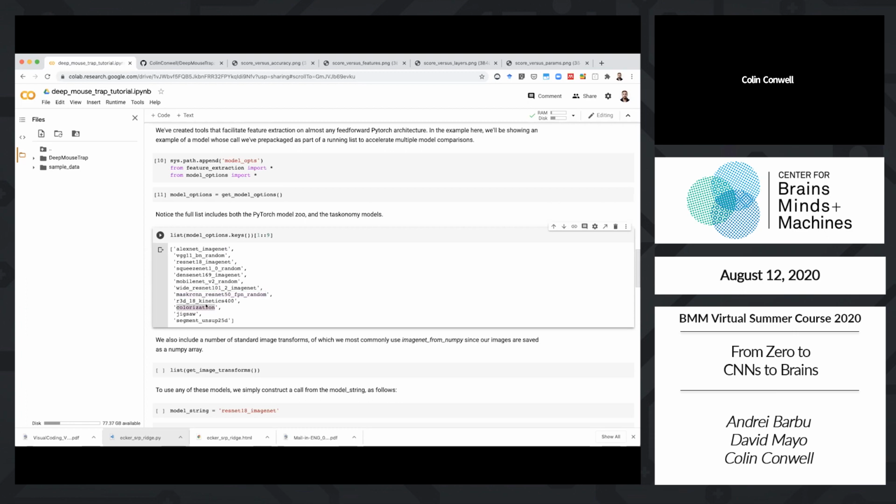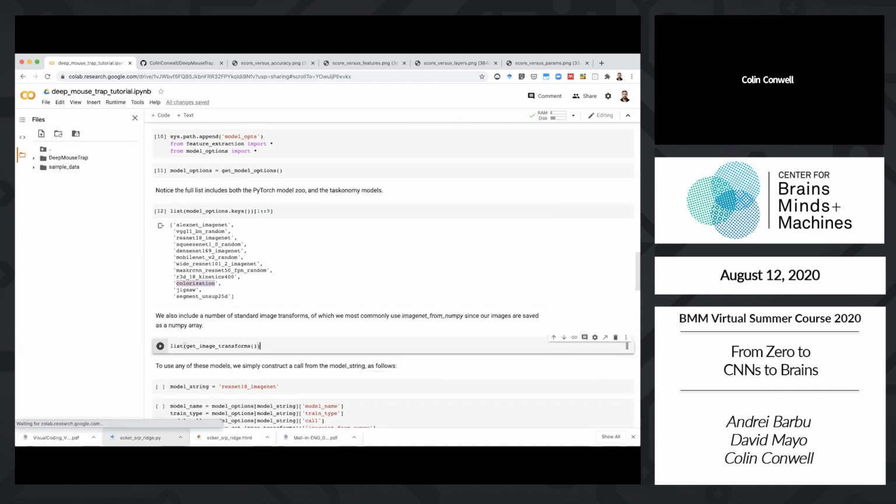And we also have included in this data set something called taskonomy models, which are the same architecture of models, but trained on different computer vision tasks. And in an empirical or a scientific context, this is valuable in that in many cases, we want to look at what differences in model architecture do and what differences in model training do. And we can do that using the taskonomy models.